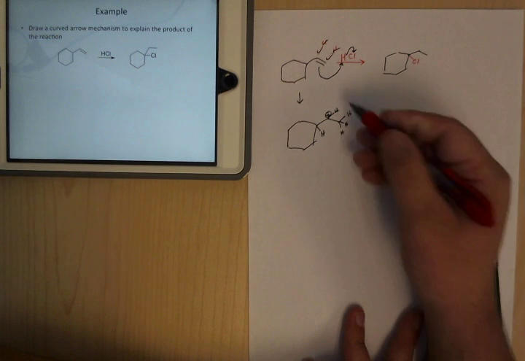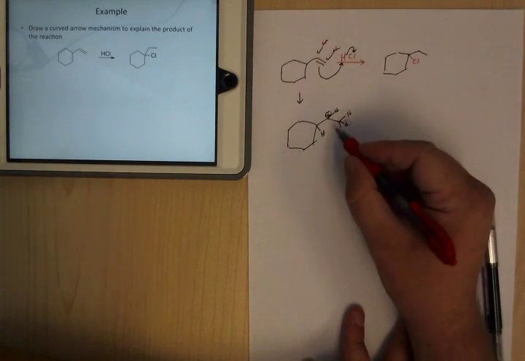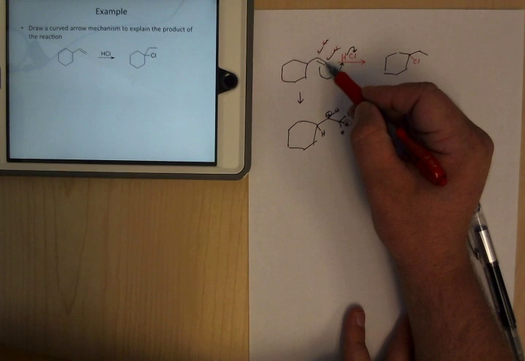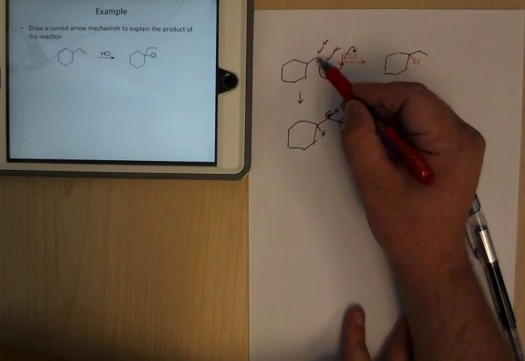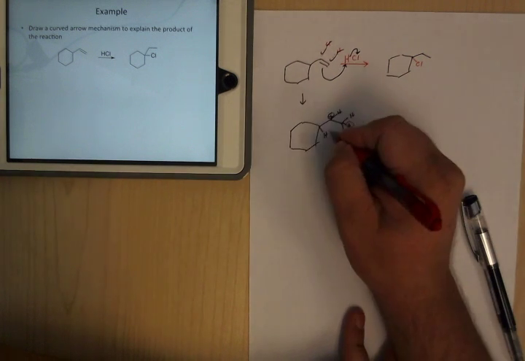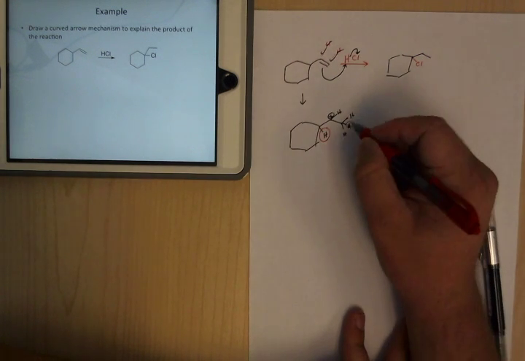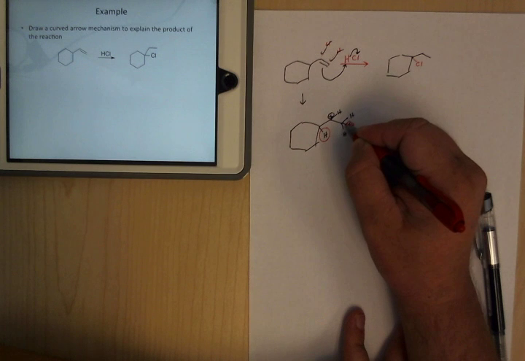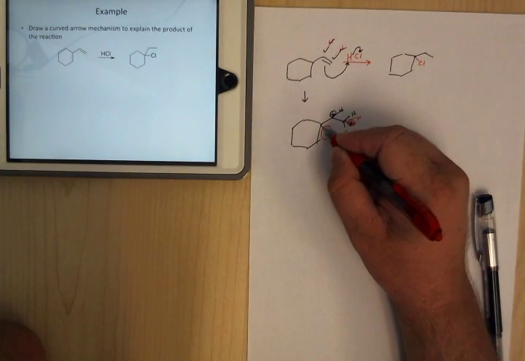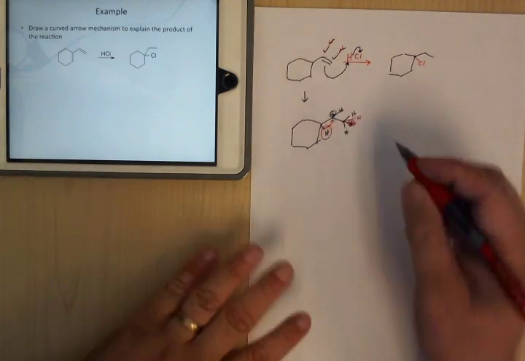And so here's the H that came there, so H adds here because it's primary. The carbocation is going to be left here. What happens is this hydrogen here shifts over to that.